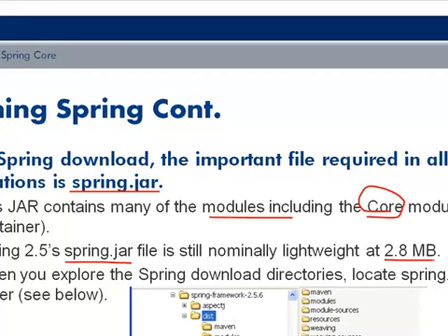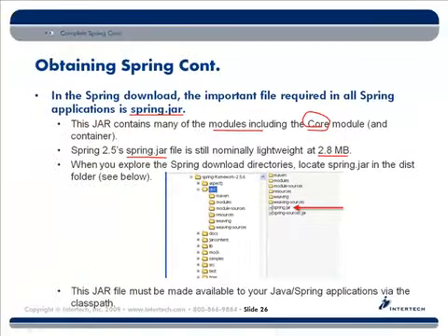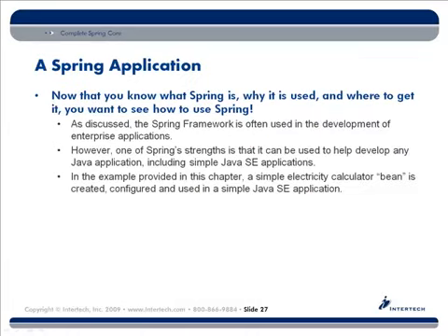Again, growing a little bit here over time, but what the group that operates the Spring project is trying to do is keep the basics in a relatively lightweight environment, and then modularize some of those other pieces, things like Spring MVC that you may or may not need, in separate jar files.